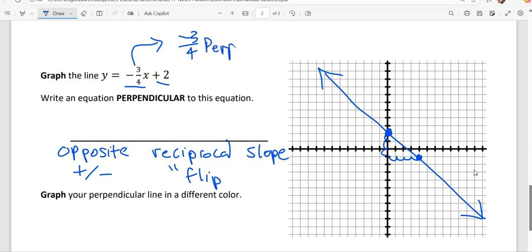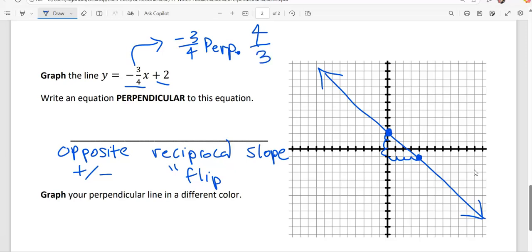If I'm going to make it perpendicular, how is it going to change? So what's the opposite of negative? Positive. Do I need to put a plus sign? You can just leave it blank. And then reciprocal, 3 over 4 is going to flip to make what? Flip that fraction. 4 over 3.